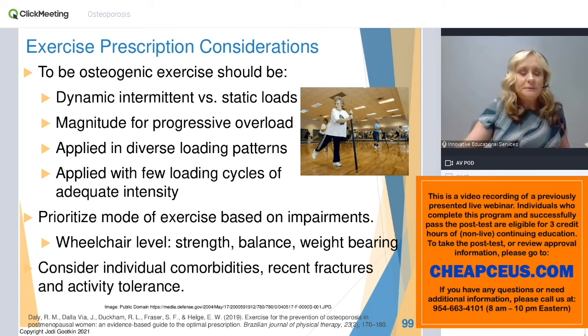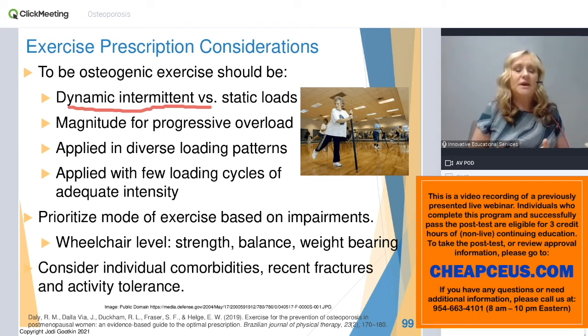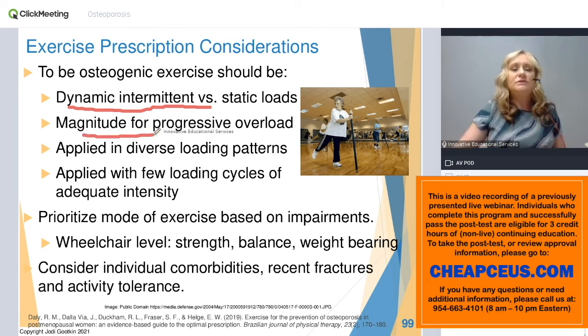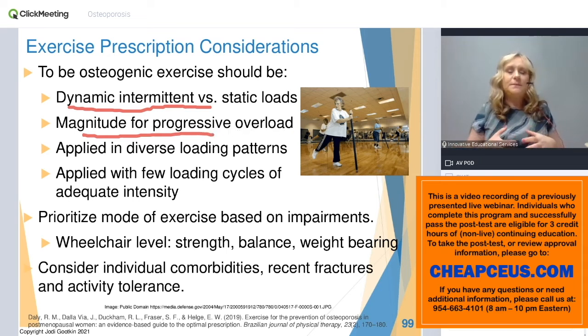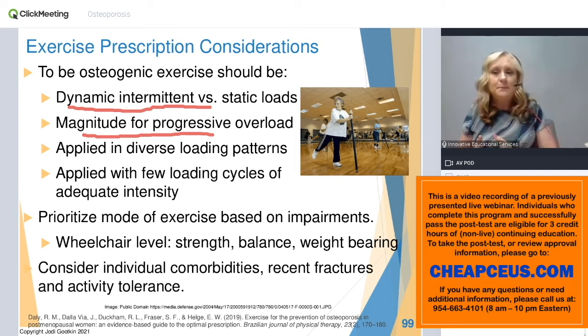One consideration is that forces on the bone should be dynamic, not static, in order to encourage bone development. They need to be changing the magnitude of the force that's across the bone, and that force doesn't have to be huge.